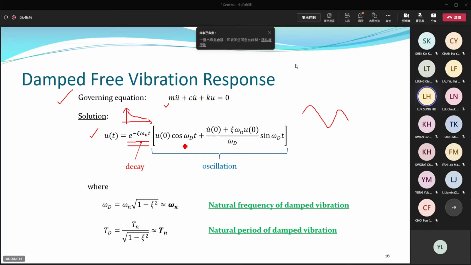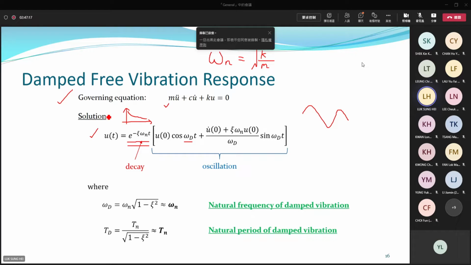When you take a look at the oscillation function, you can see that the vibration frequency is now equal to omega d. You can compare this equation with the one that we derived in the previous section, session 1. In the previous sections, we used omega n, which is equal to the square root of k over m. Omega n is called the natural frequency, which depends on stiffness and mass.